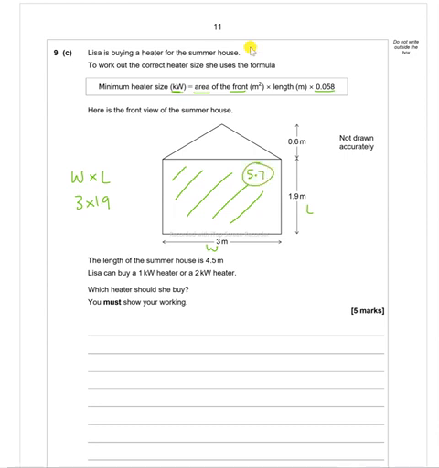Now we need to work out the area of this triangle. The area for a triangle is half times the base times the height. So this is the base, and we know that is 3 meters, and this height here is 0.6, so it's half times 3 times 0.6.